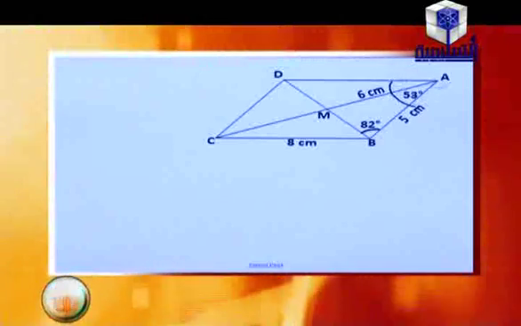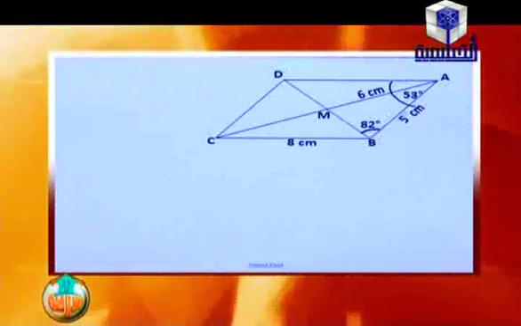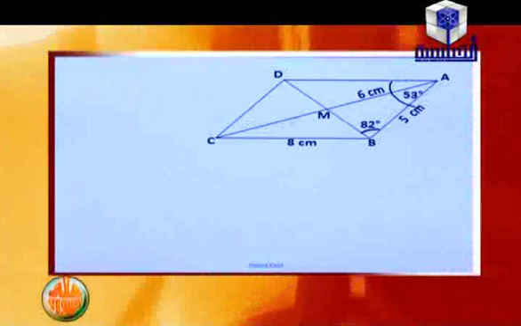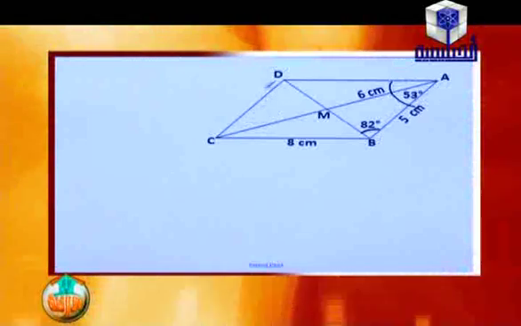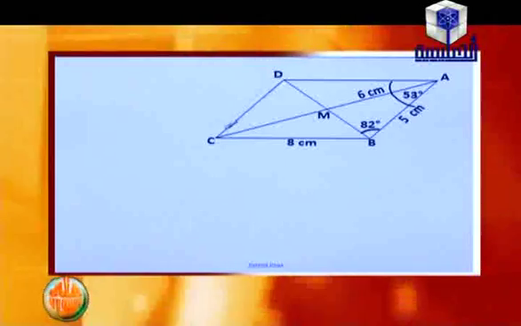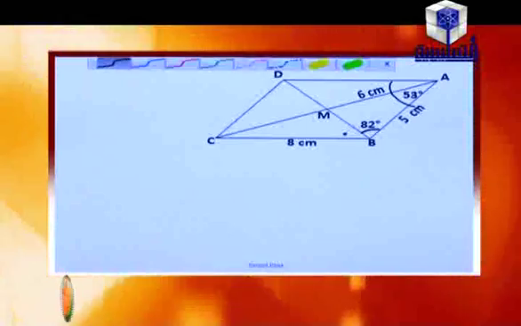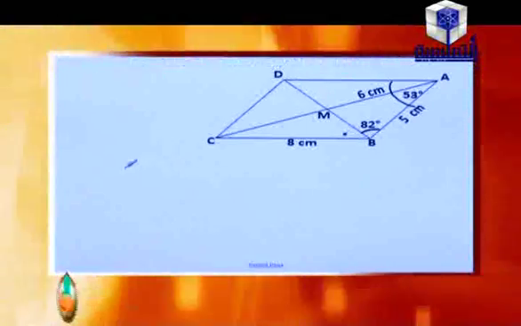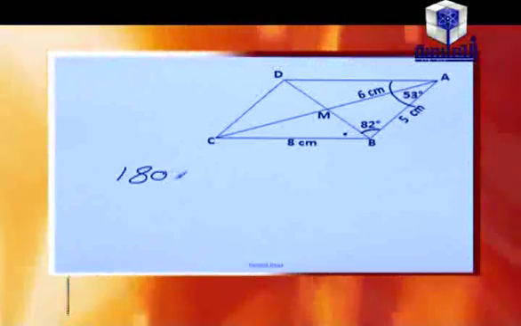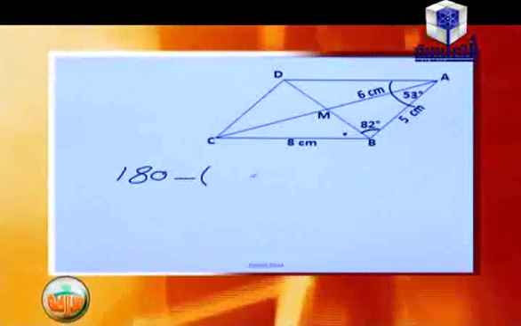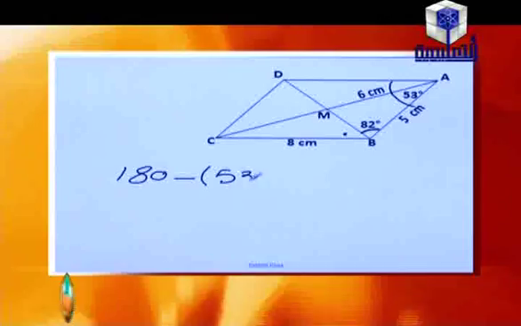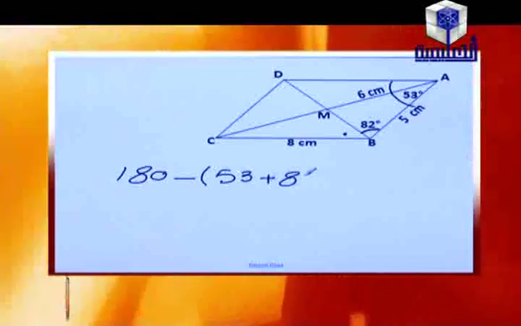Here we have angle DAB equals 53. Then angle DBC equals 180 minus the bracket 53 plus 82. Good, the measure of angle DBC equals 180 minus the sum of the given angles. As you said, the sum of any two consecutive angles equals 180.